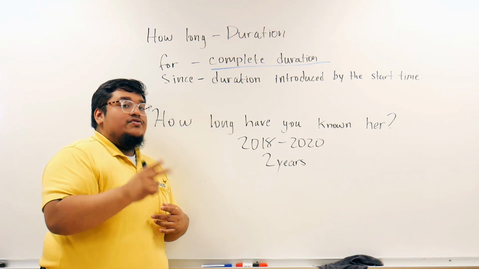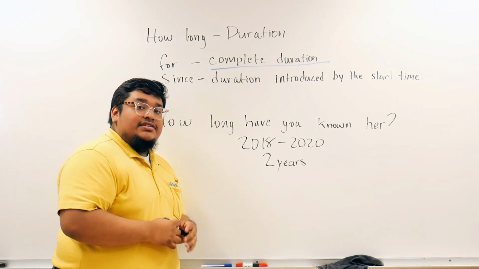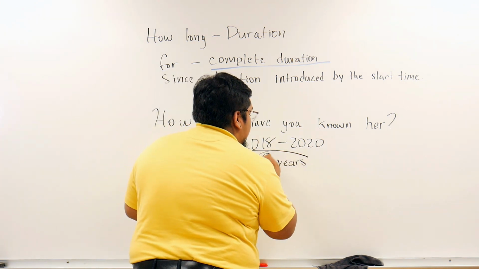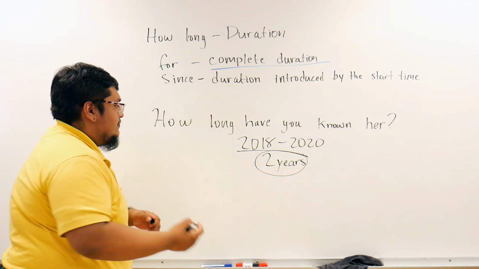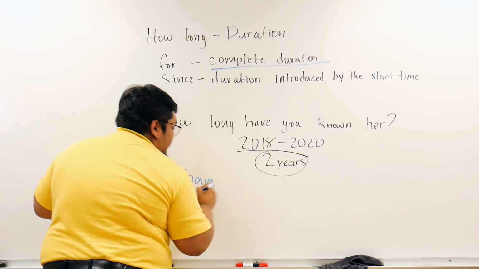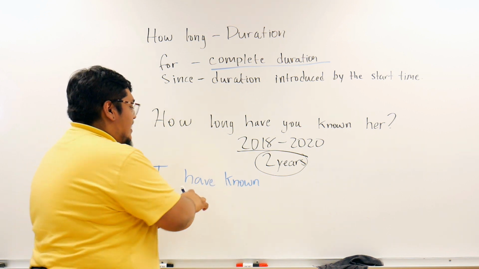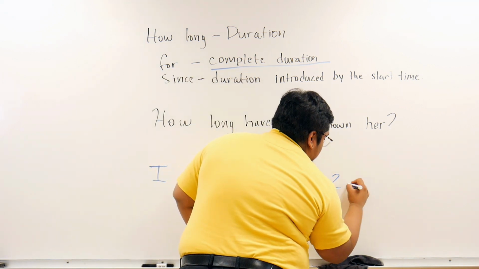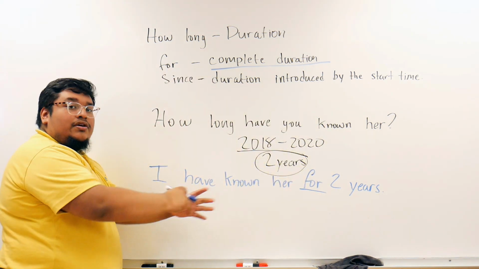Remember, I can answer this in 2 ways. I can use the word for or since, but for the word for, I need the complete duration. Will I answer using 2018? No, because my complete duration is 2 years in total, right? In total, how long have I known her? 2 years. So my answer is going to be, I have known, remember, we want to use that past participle, I have known her, and now we're going to use the word for 2 years. So remember, when we're using the word for, we need to say the total time.